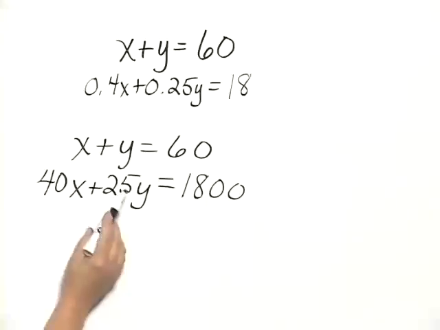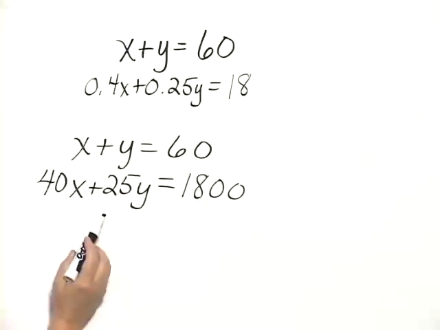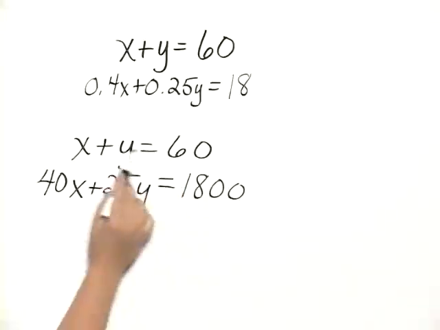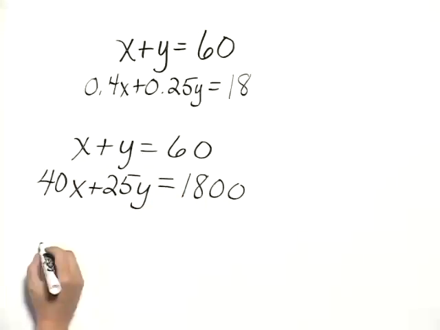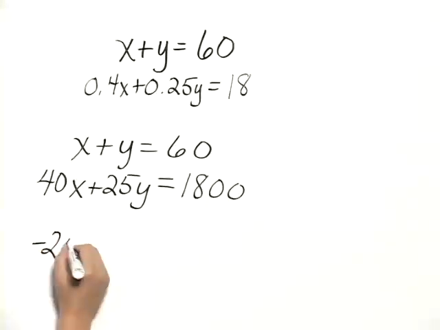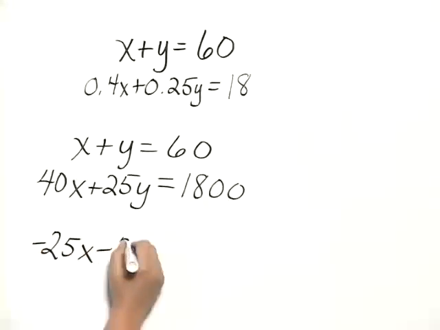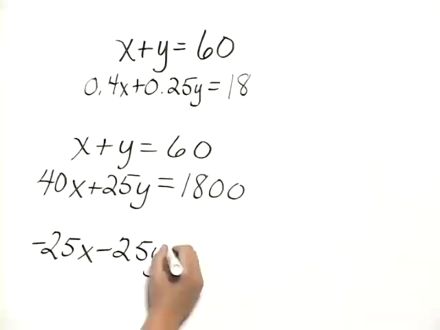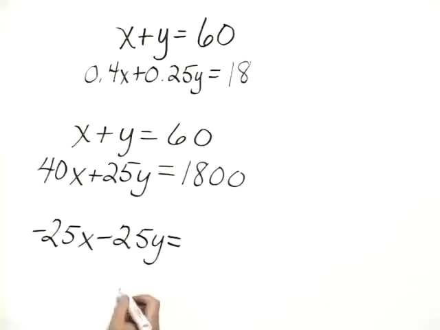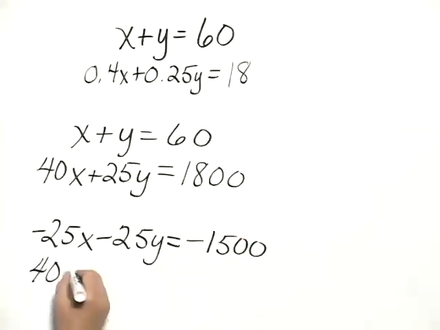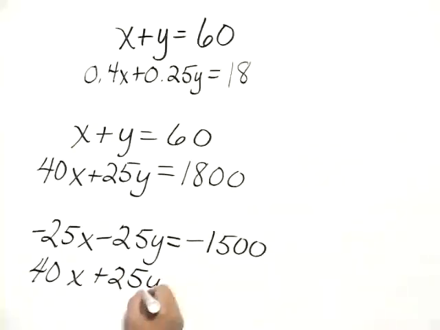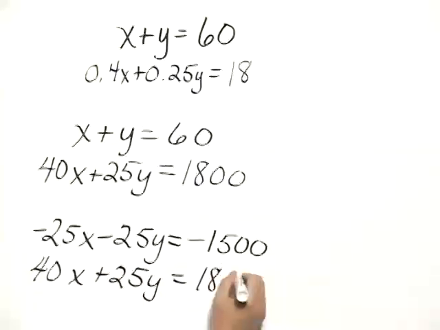I could eliminate x or y, and I choose to eliminate y. I'm going to multiply the top equation by negative 25 in order to have y coefficients that are opposites. That gives me negative 25x minus 25y, and negative 25 times 60 would be negative 1,500. And then I copy my next equation, 40x plus 25y equals 1,800, and add.